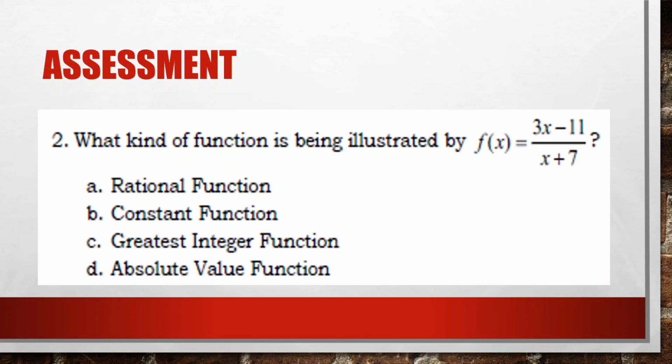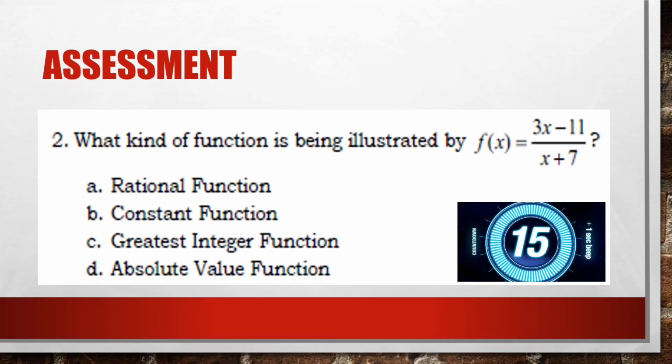For question number 2, what kind of function is being illustrated by f of x is equal to 3x minus 11 over x plus 7? I repeat, what kind of function is being illustrated by f of x is equal to 3x minus 11 over x plus 7?